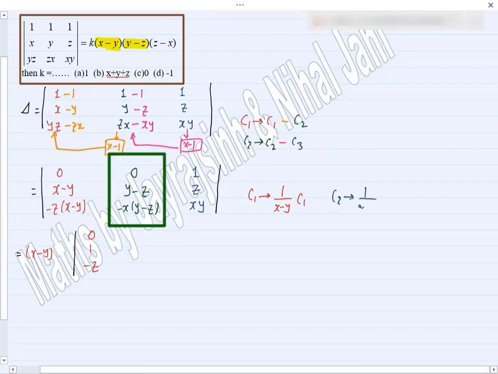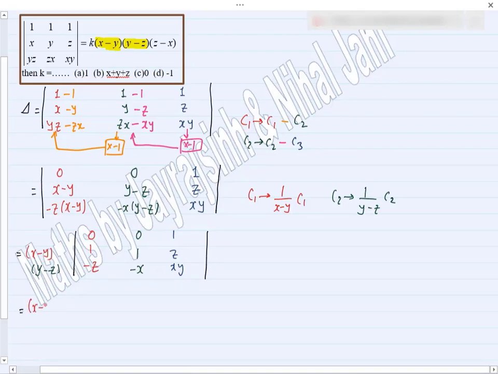We can divide by y minus z, so we have to multiply y minus z. The second column will be 0, 1 and minus x. The third column will be as it is. So our x minus y and y minus z factors will be as they are.